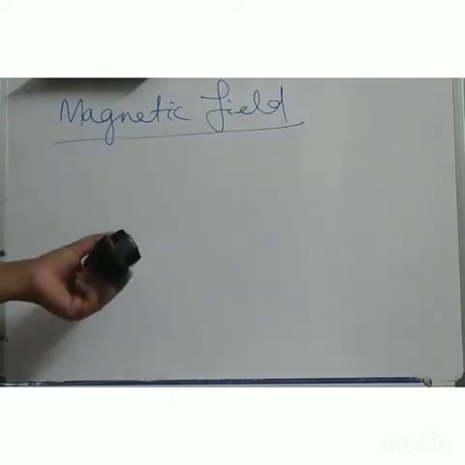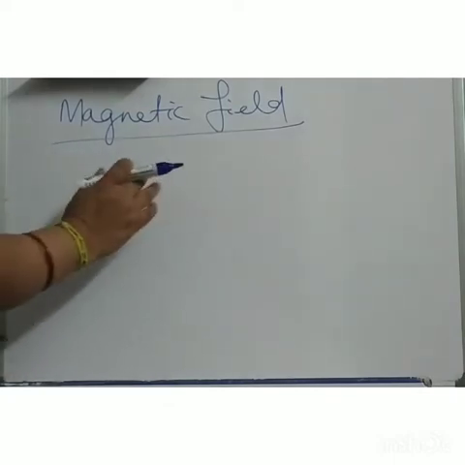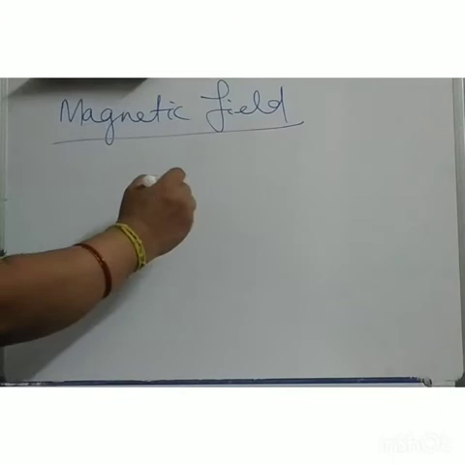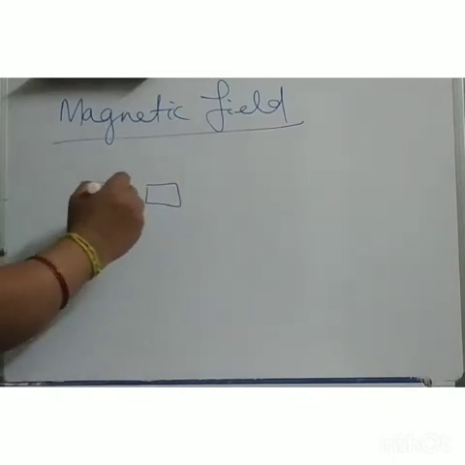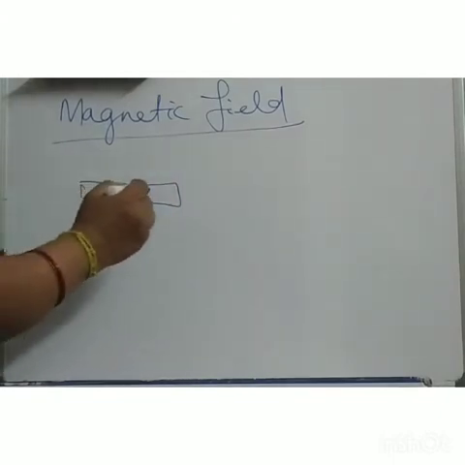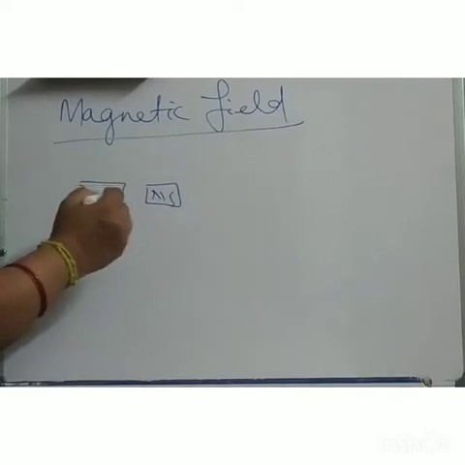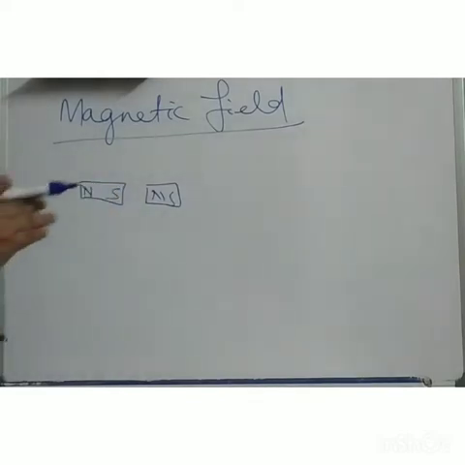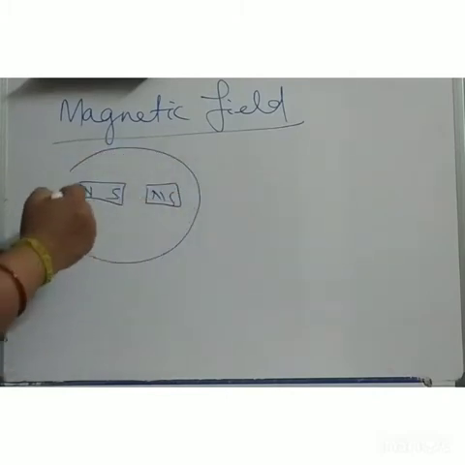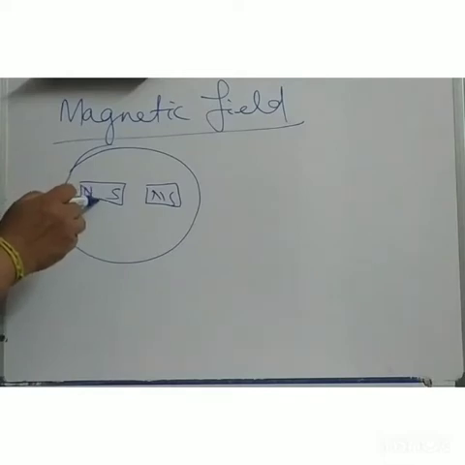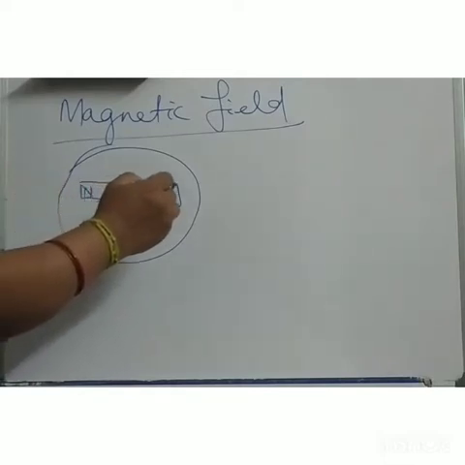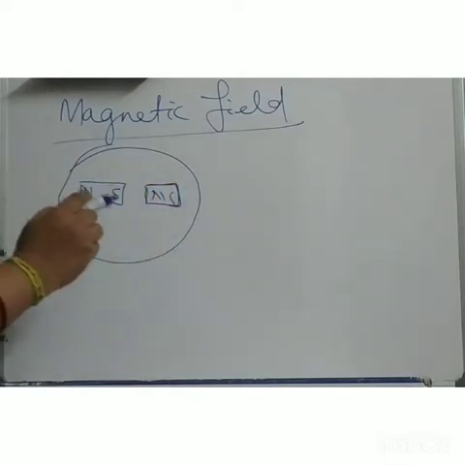So magnetic field means, within this magnetic field, a magnet is here, another magnet is here. Leave the north and south poles aside for now.